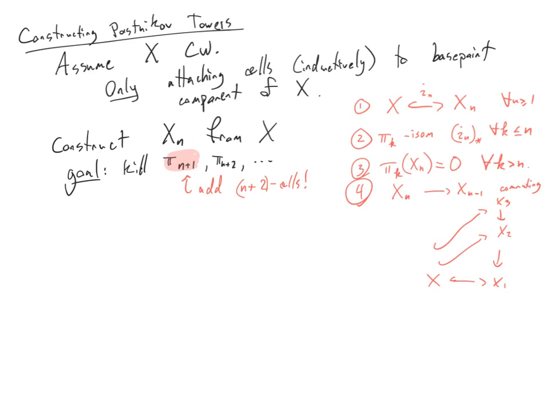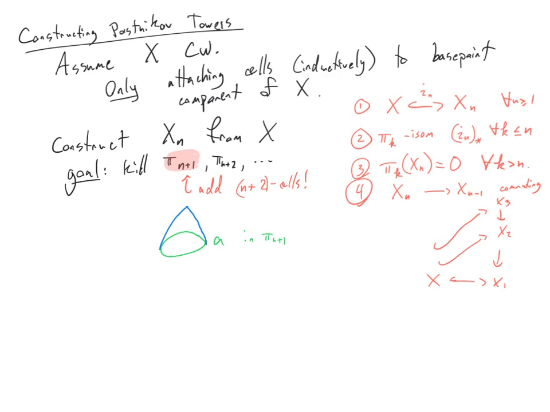eliminating them. Now, when you do this, it might be that you have picked a poor generating set, and so there are some new elements that show up when you add in all of these cells. A common example is that maybe you picked your generators inefficiently, so there's some element a in pi n plus 1, and maybe your generating set had both a and minus a in there.